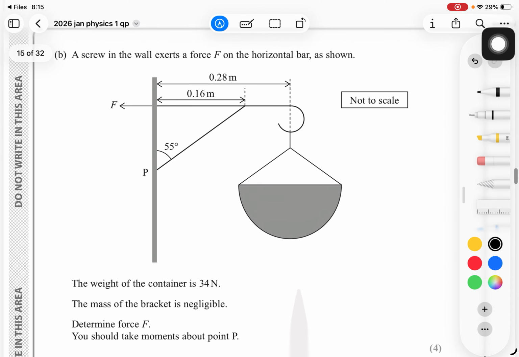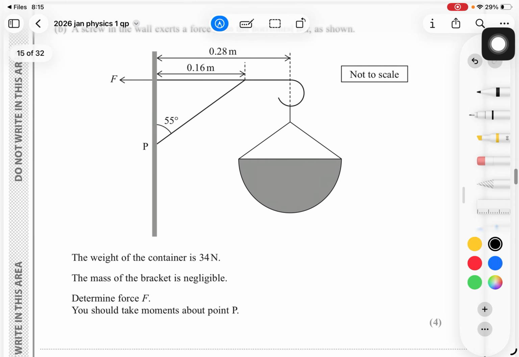Now they have given us a little more information. The weight of the container is given, which is 34 Newton. The mass of the bracket is negligible. Determine the force F. So we want to find this force. What I would do is, we can get the moments.